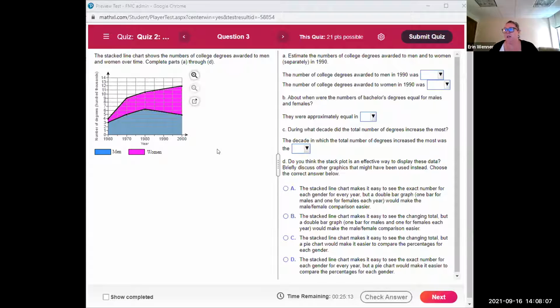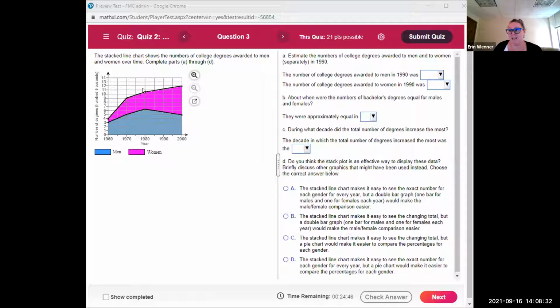All right, the good old stacked line chart, right? So I want you to remember we got men in blue and women in pink. The line indicates the amount that it's rising by. So if the line is steeper, that means it's going up more quickly.